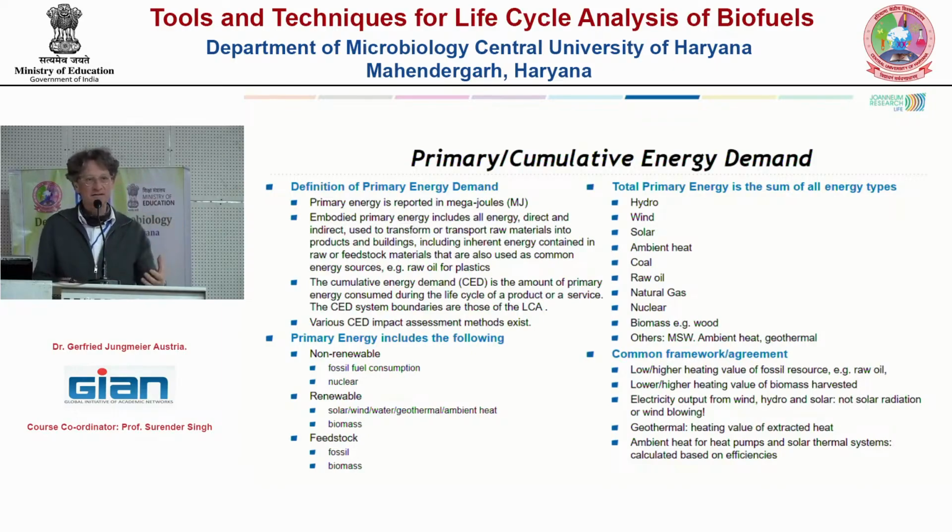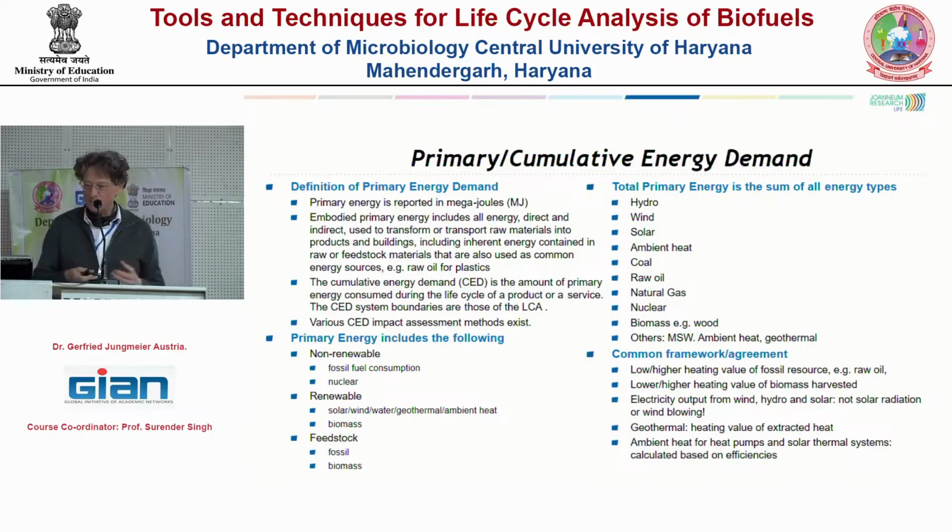This is the starting point, because this is the amount of energy you take from nature and transform into a transportation service, for example. The question is how much of this energy you need, which is the definition of the primary energy demand, and it's normally reported in megajoule or gigajoule, depending on the orders of magnitude.